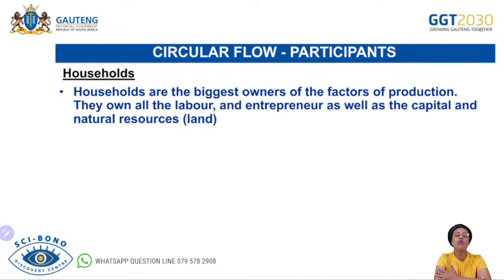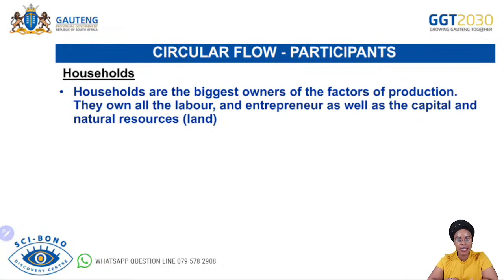Now let's move to the participants of an open economy, where we have the foreign sector. Let's start with the household, because you need to know how to explain the interaction and the role of each participant thoroughly. In economics, if you explain in point form and in full sentences, you will be awarded 2 marks if there is a question related to that particular topic.